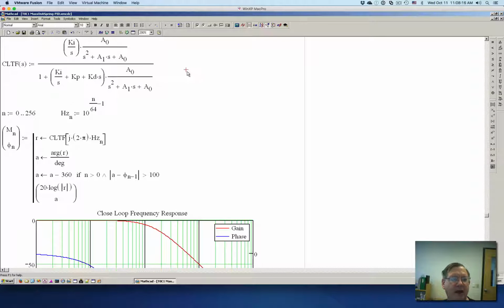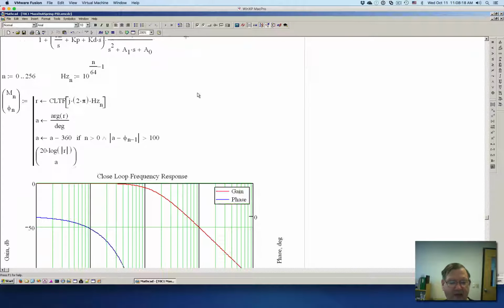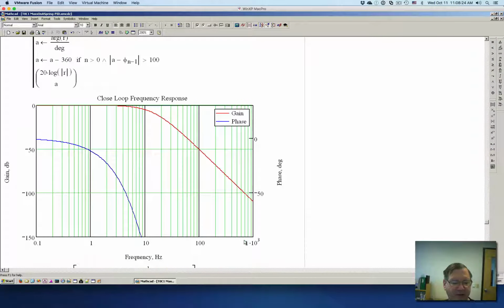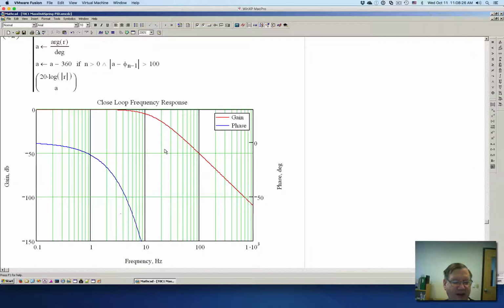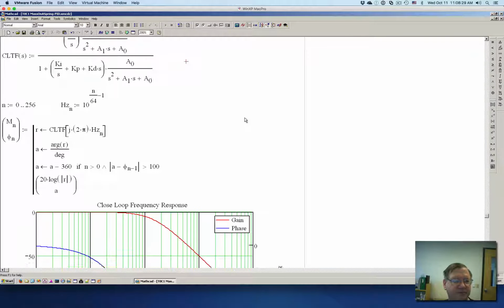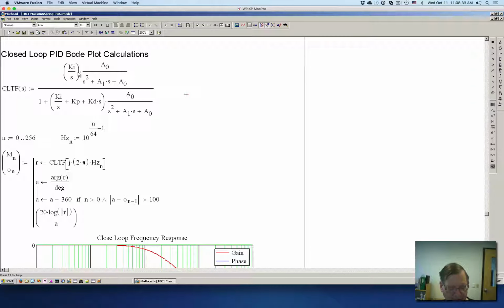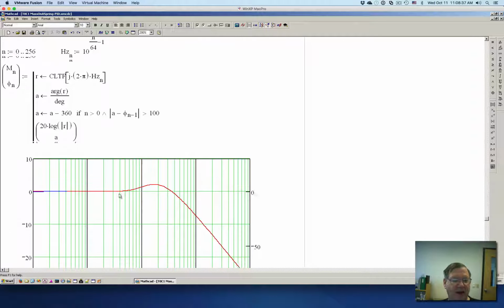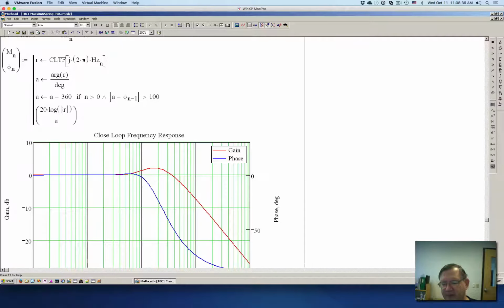So now I have no gains in the forward path, and you can see that the gain starts at 0 and it goes on down. And you can see there's a lot of phase lag here too. Let's do a Control Z and get this back. Anyway, the bandwidth is greatly reduced.